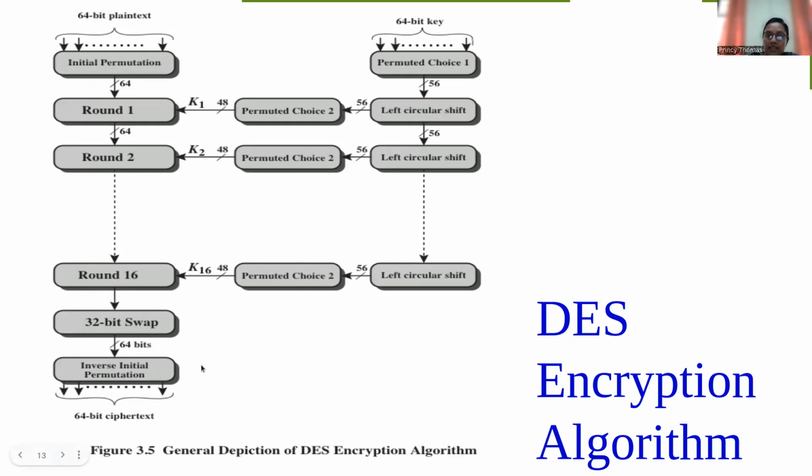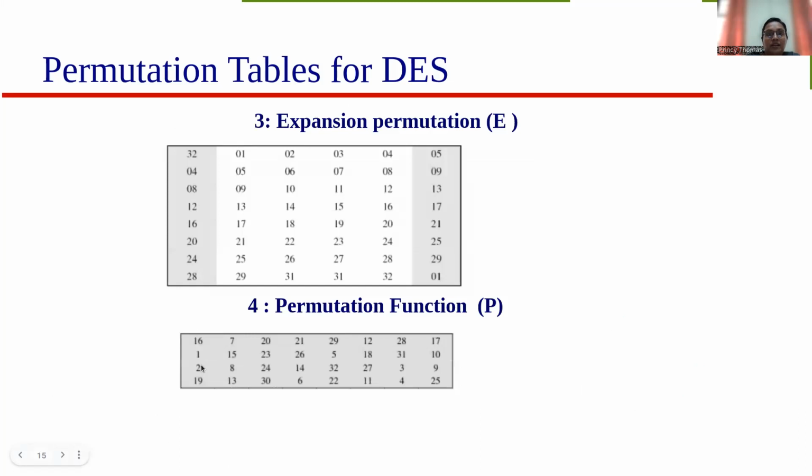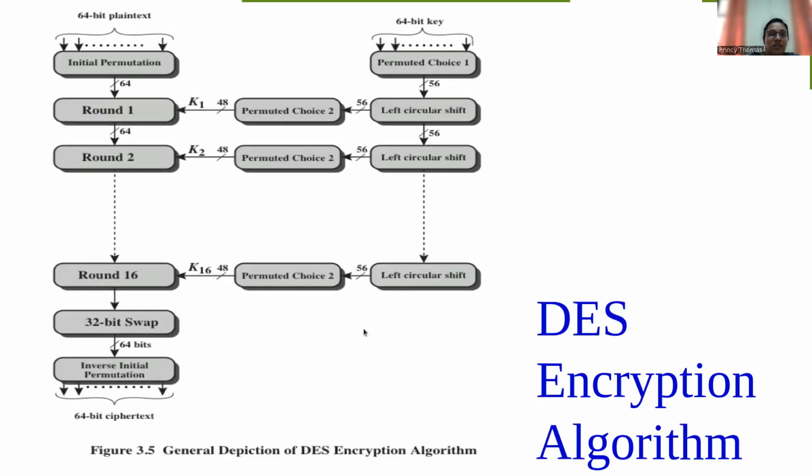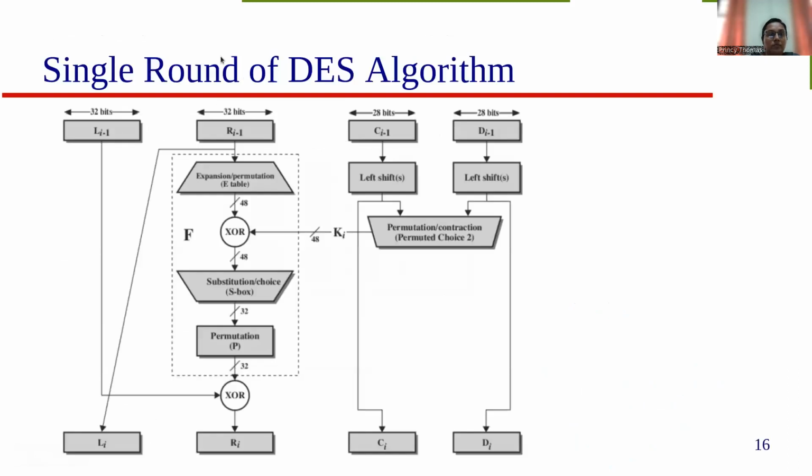Now we are going to look at the internal structure. Before we go in for what is expansion permutation and permutation function, look at this. This is a single round. We have seen that there are 16 rounds, and inside this single round, what is happening is what I'm showing you now.